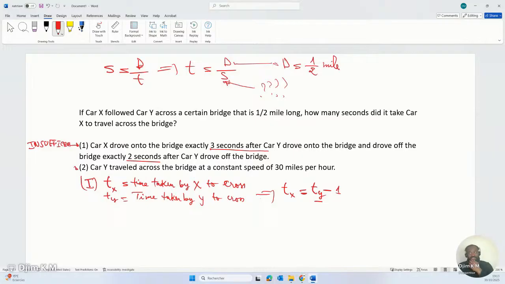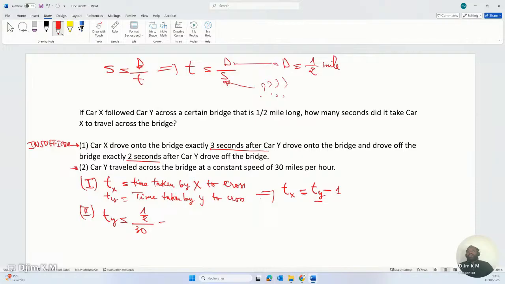The second condition says car Y traveled across the bridge at a constant speed of 30 miles per hour. So for the time it took car Y, we know that the distance of the bridge is 1.5, and it was traveling at a speed of 30 miles per hour.